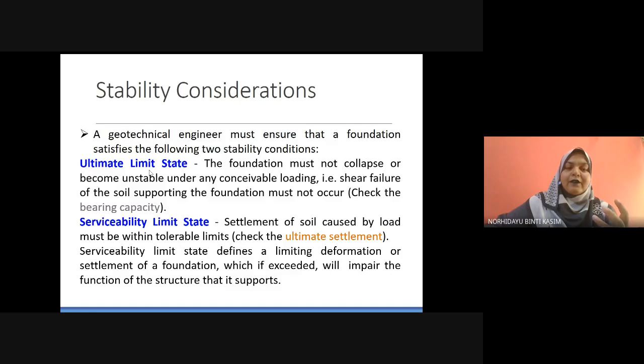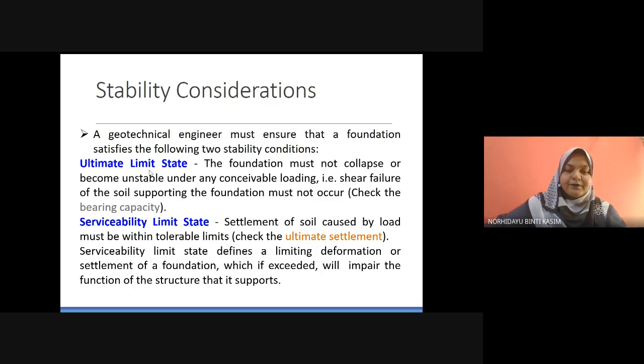So you have to check the bearing capacity of the soil. And if the SLS is achieved, definitely there will be settlement.